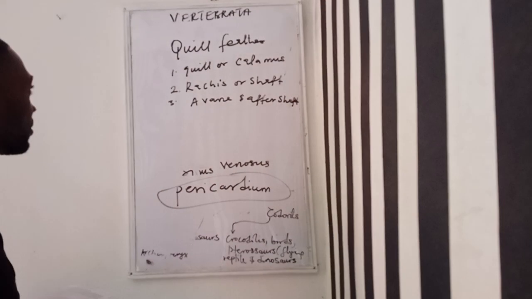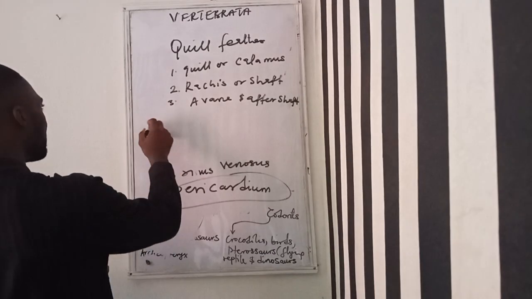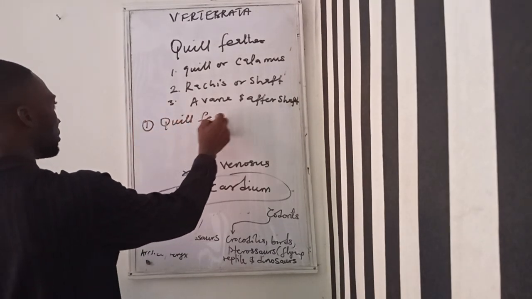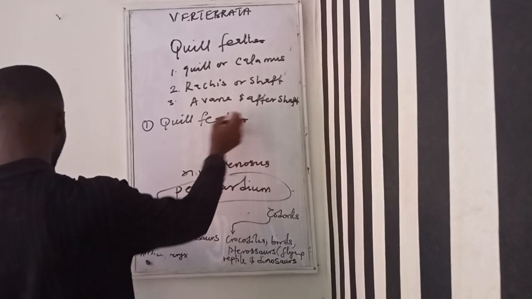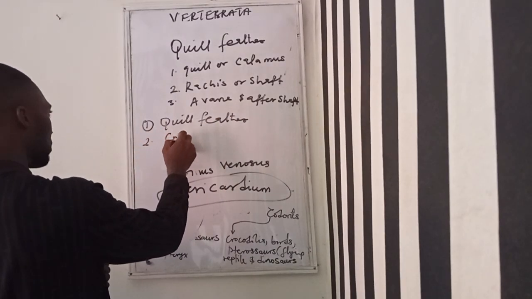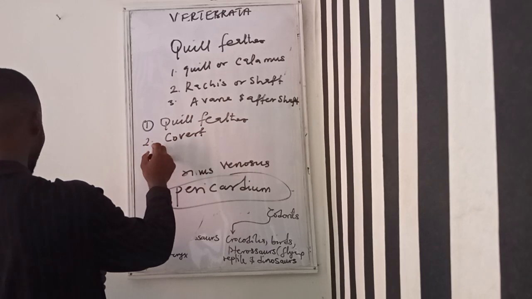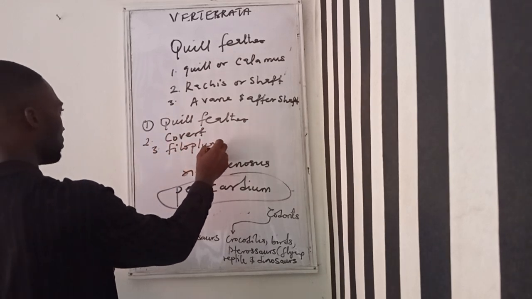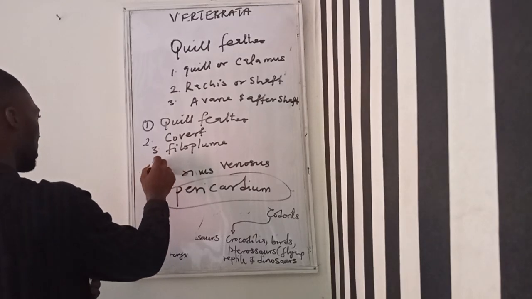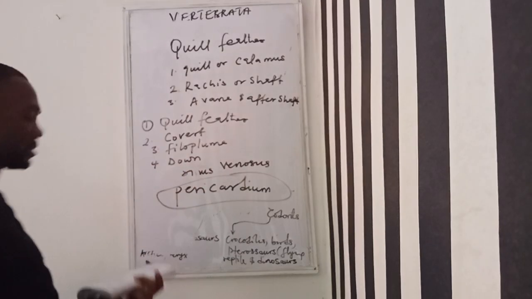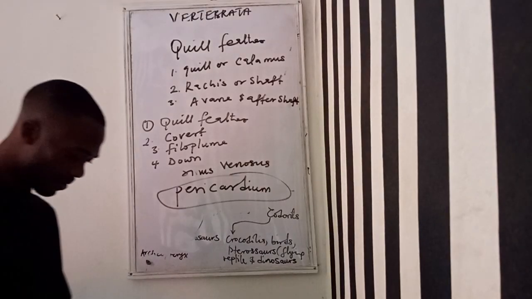So these are the parts of the quill feather. Whereas I said we have 4 types of feather: the quill feather, the covert, plume, and down. These are the 4 different types of feathers.